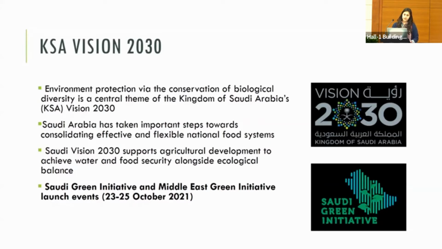It is based on a strategy of building a sustainable agricultural sector that would contribute to achieving water and food security alongside ecological balance in Saudi. And we all know about these programs, called the Saudi Green Initiative and Middle East Green Initiative, which are huge steps for the kingdom to scale up its climate action and environment protection.